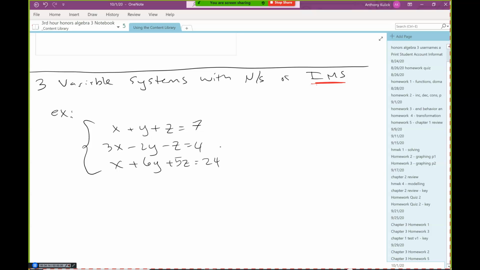So it should be, at this point, if you take a look at this, not obvious that this would have infinitely many solutions, right? There's no obvious situation where one equation is a multiple of the others. That's okay.